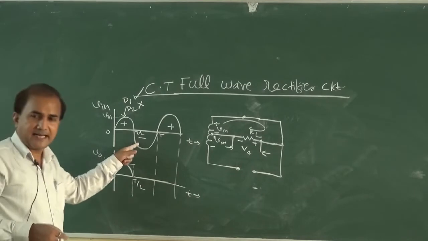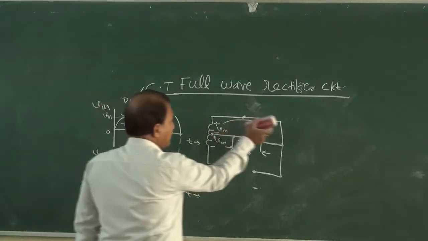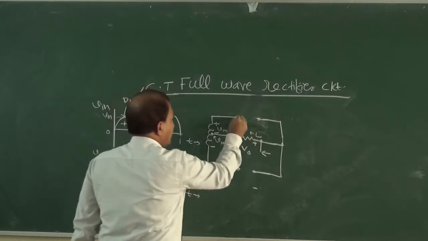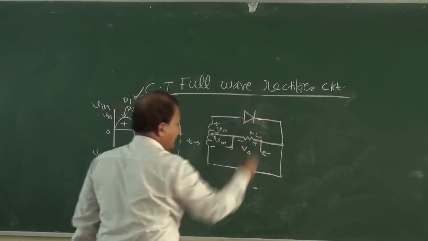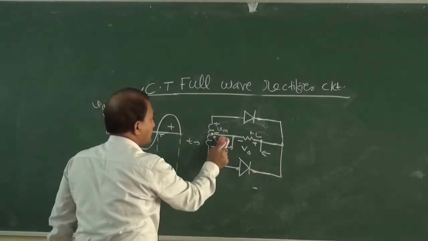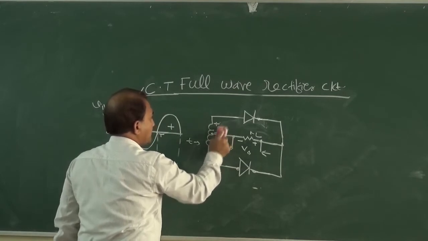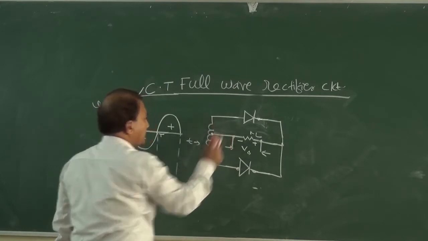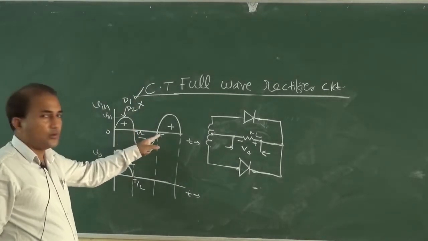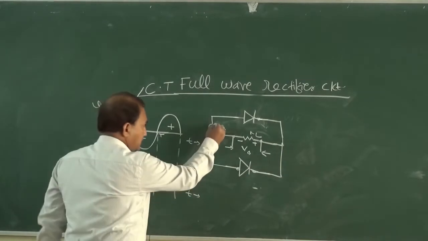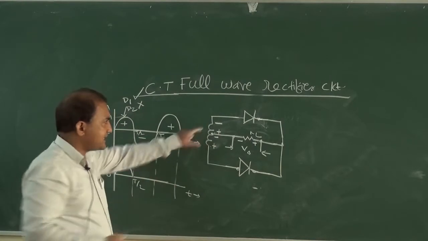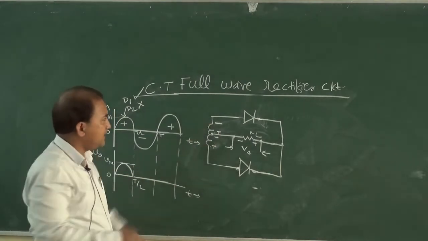Now we have to see how it works during the negative half cycle. Again the same figure. For the negative half cycle, from T by 2 to T, the polarity will now change across the secondary terminal of the transformer.